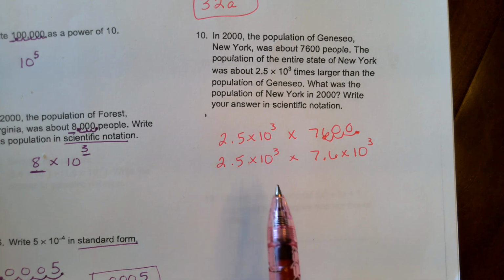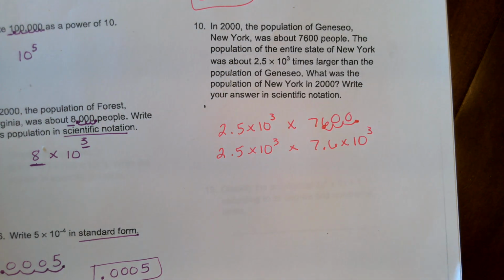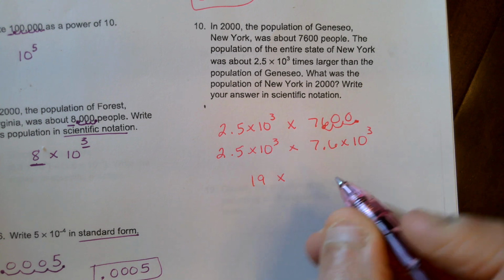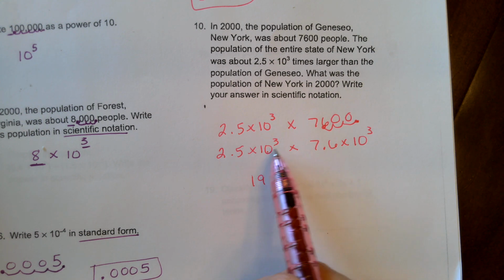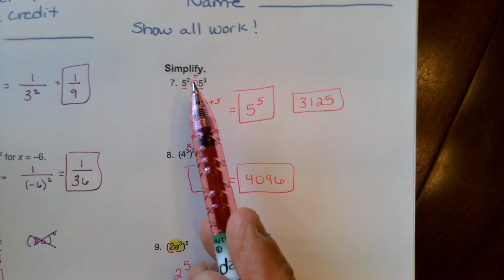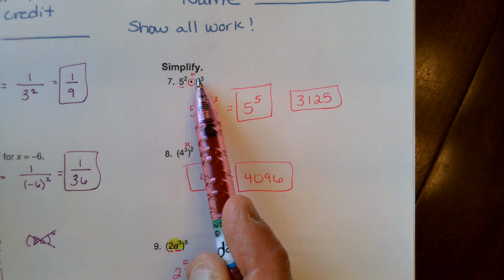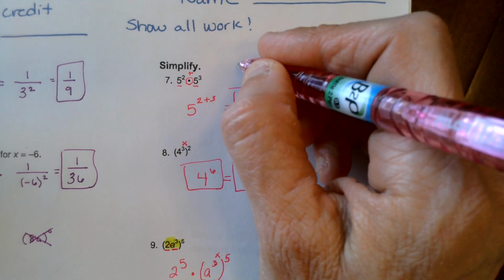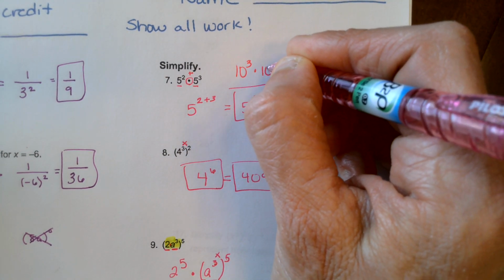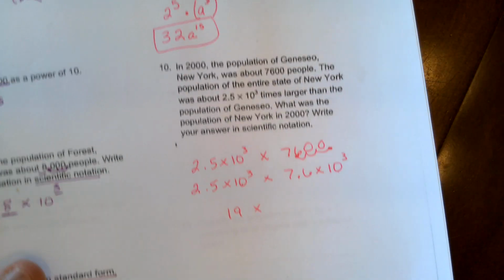So I can put these together, 2.5 times 7.6, and get 19, times, and then I can put these together. I got 10 to the 3rd times 10 to the 3rd. That goes back up to something like this, where the bases are the same, and I'm multiplying and adding the exponents, right? 10 to the 3rd times 10 to the 3rd. We add them, 10 to the 6th.